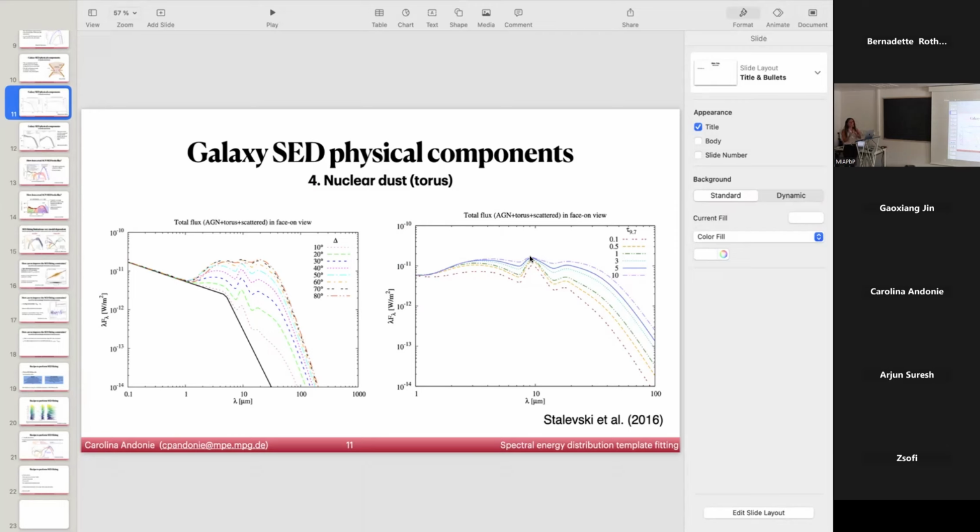I don't think that from only one SED you can tell if there is an outflow or not. But if you are comparing different populations and maybe one population for some reason has some feature in some particular waveband, maybe you can, but only from a set of points, I don't think so.